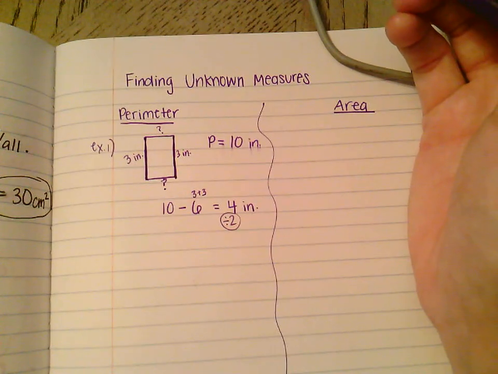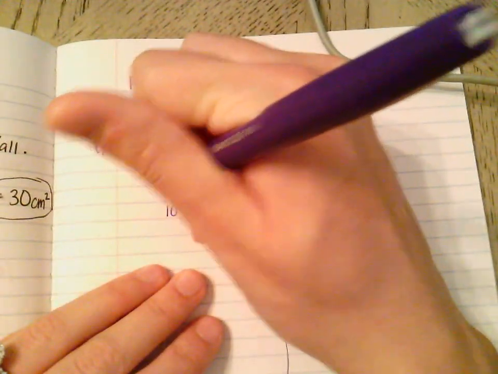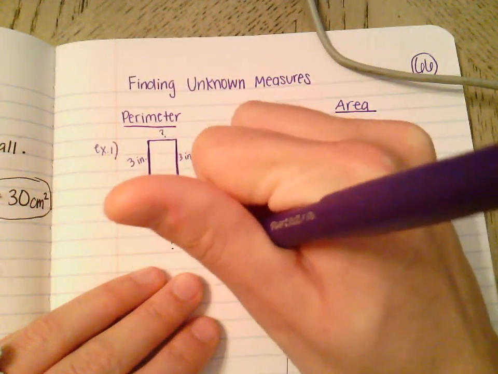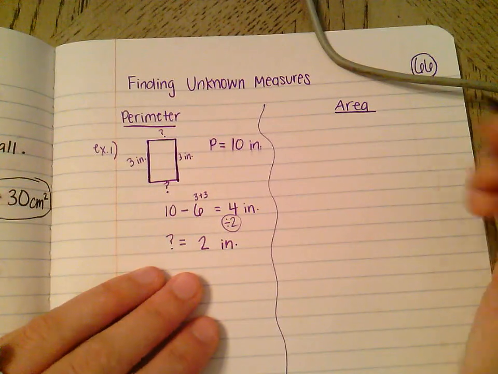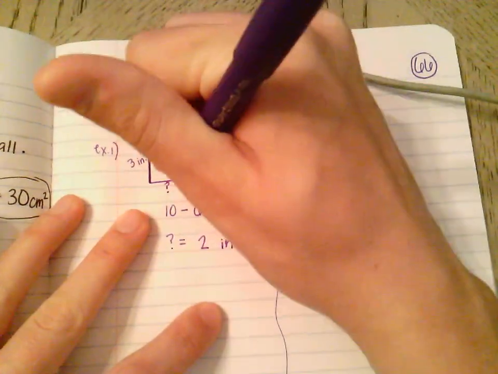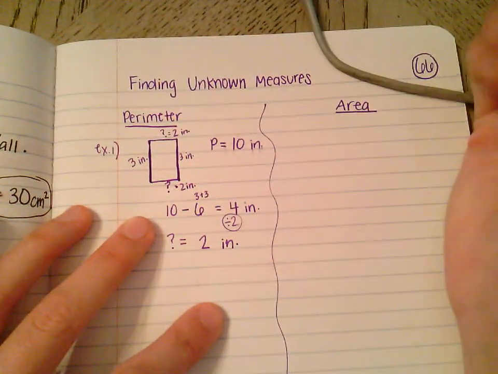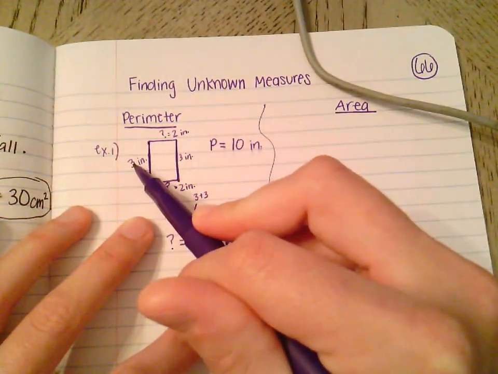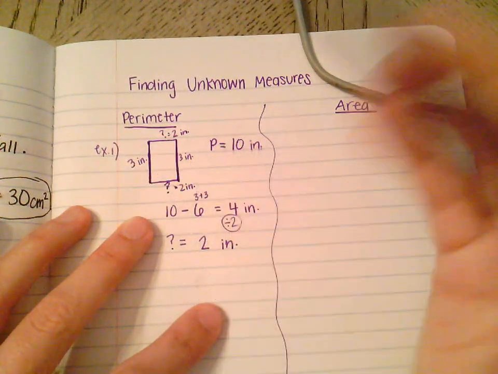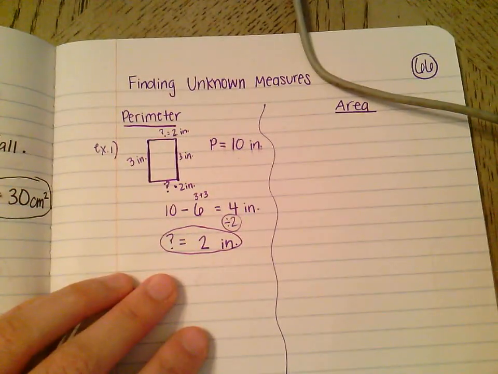And when I do that, I know that my side right here, the question mark, equals 2 inches. So let's go ahead and test that. If this is 2 inches and this is 2 inches, let's see if my total perimeter equals 10. 2 plus 3 is 5, plus 2 is 7, plus 3 is 10. So I know that the question mark equals 2 inches.